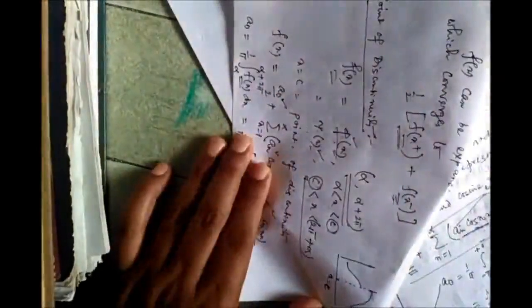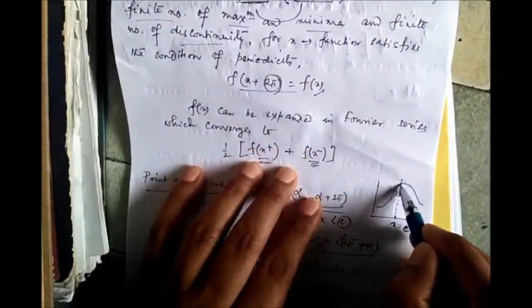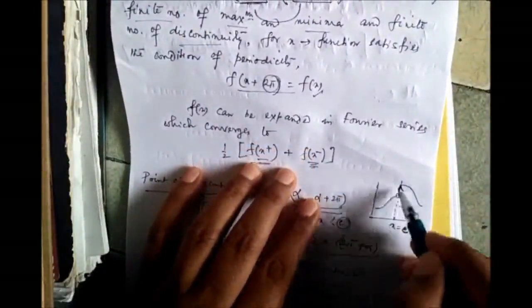As you can see here, this function has a finite jump at x equal to c.